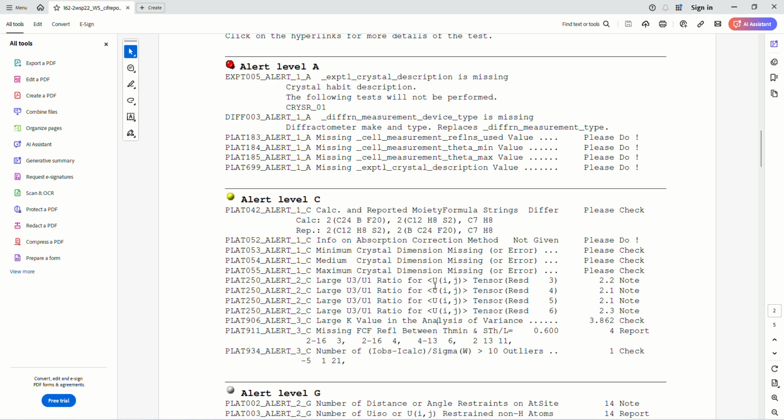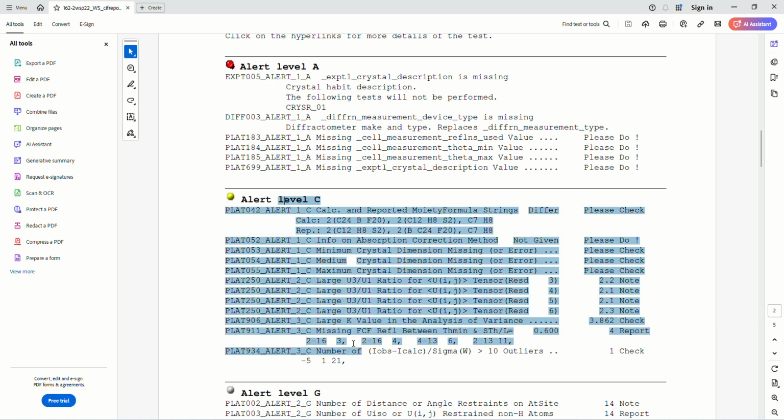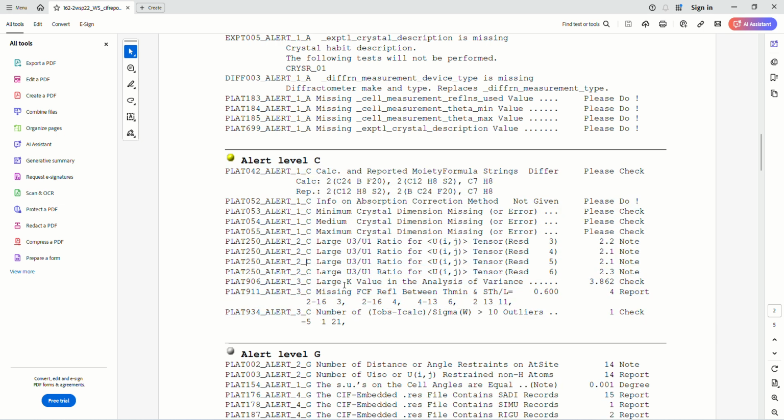This is probably related to the fact that the crystal is not entirely single, but again, they are all C-level alerts. It's not something terribly bad. That's something quite common when I measure on our instrument, even with very good data. And we have something that's probably a reflection that could be omitted.